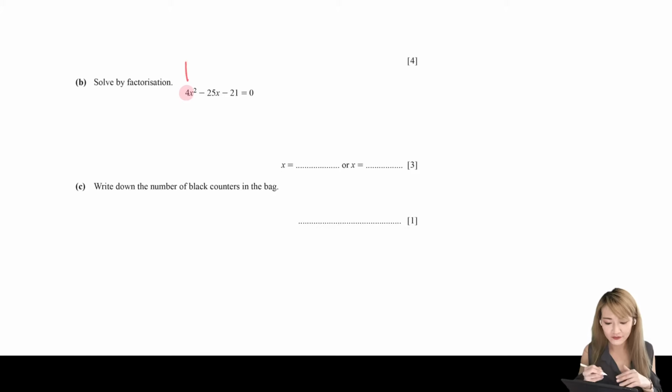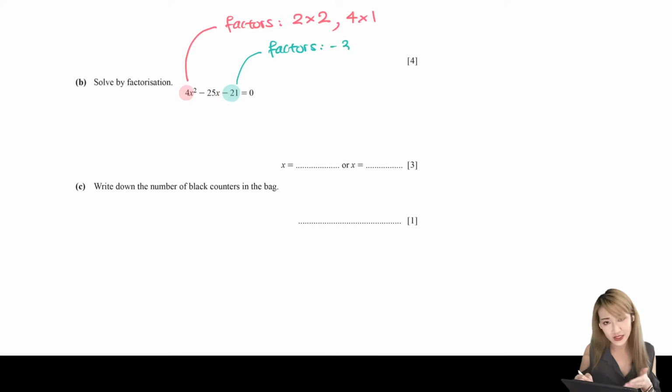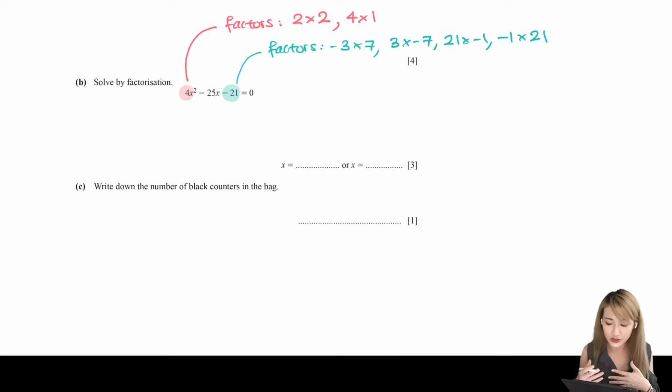We need to think about the factors of x squared. So the factors of 4, that could be 2 times 2 or 4 multiplied by 1. The factors of minus 21 would be minus 3 multiplied by 7, 3 multiplied by minus 7, or 21 multiplied by minus 1, or minus 1 multiplied by 21. And we can try these combinations to see which combination works.